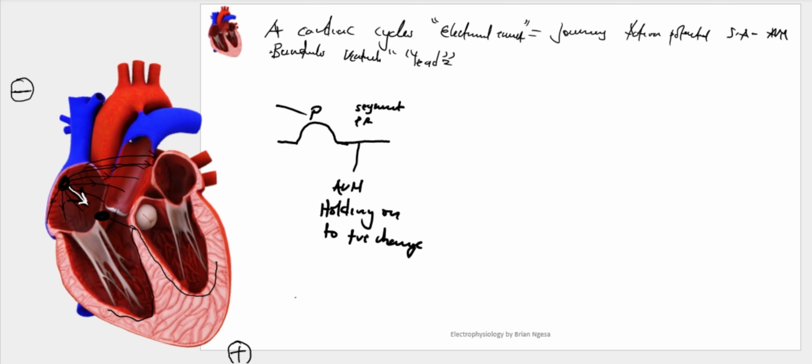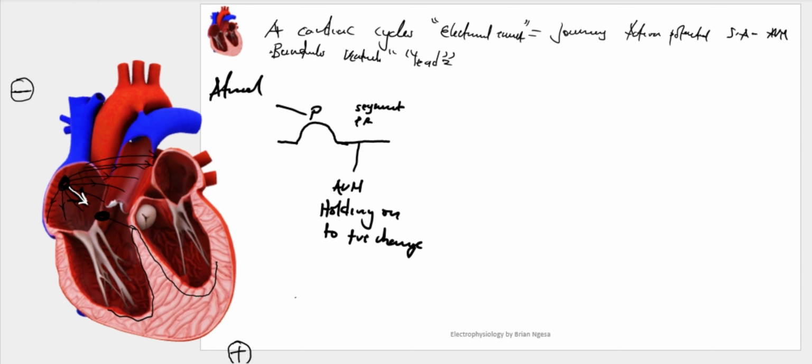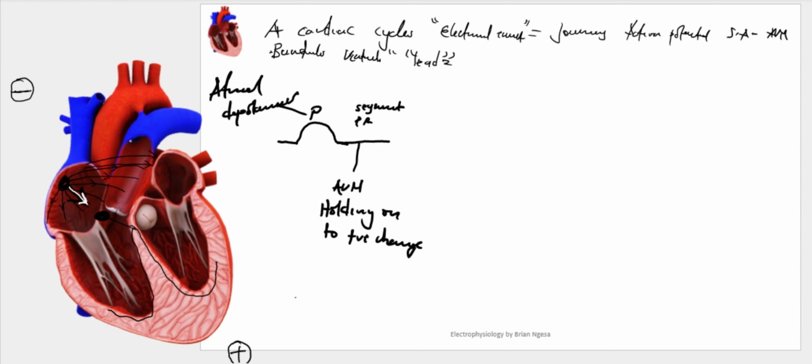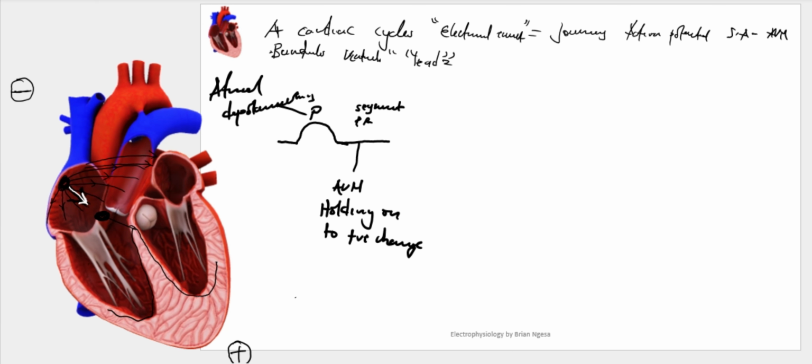We've said that the P wave represents atrial depolarization. Of course, when the depolarization wave comes, as a muscle you contract.